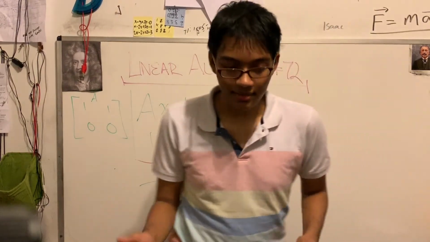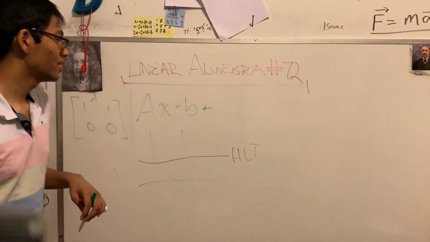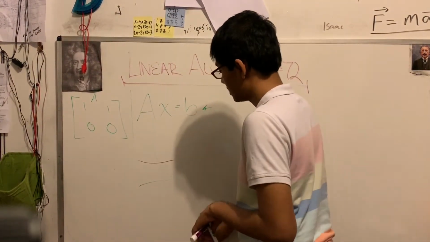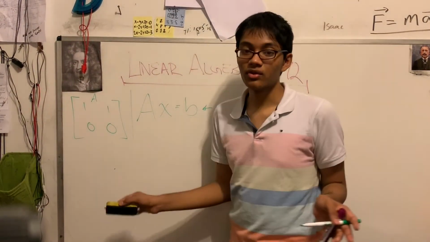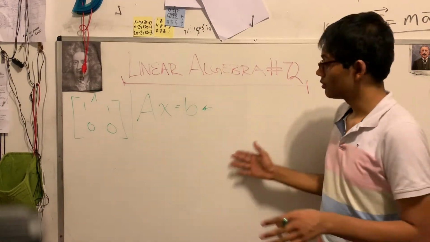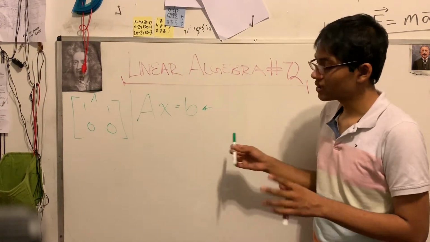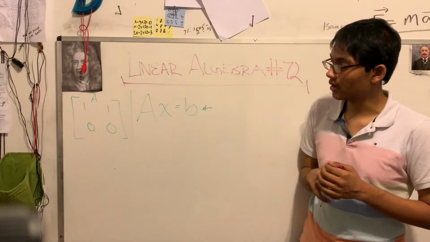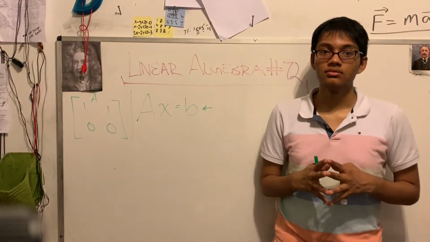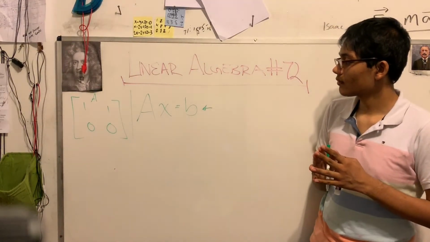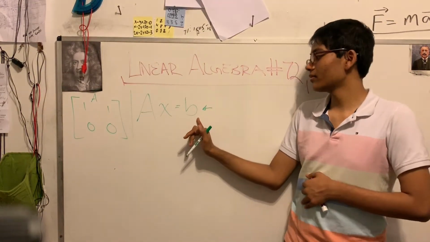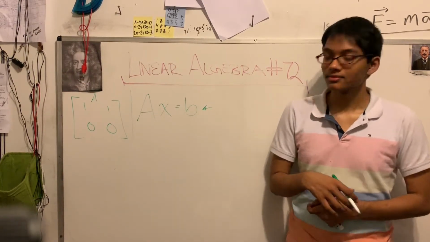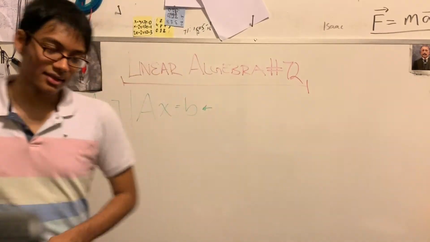Just like that, there are some tests that we can do on Ax equals b. So how would you test if Ax equals b has a solution? Oh, right hand side equal to left hand side. Okay, good idea.